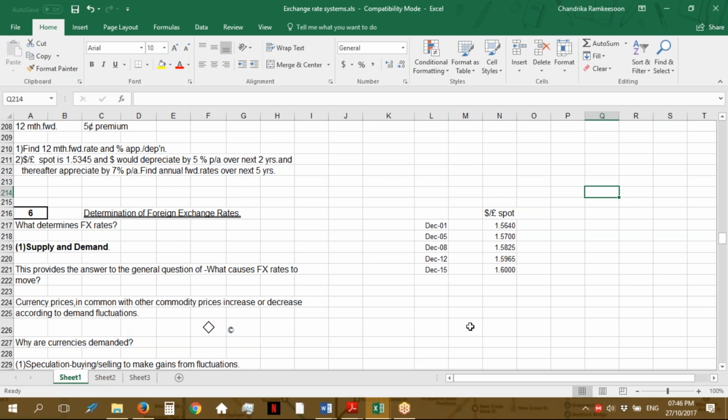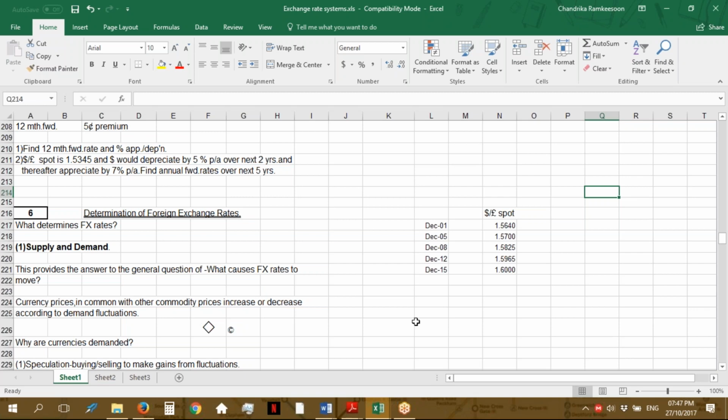Now, coming back to our question here, what determines foreign exchange rates? The first part of the question asks what actually determines daily spot rates, what causes foreign exchange rates to move.